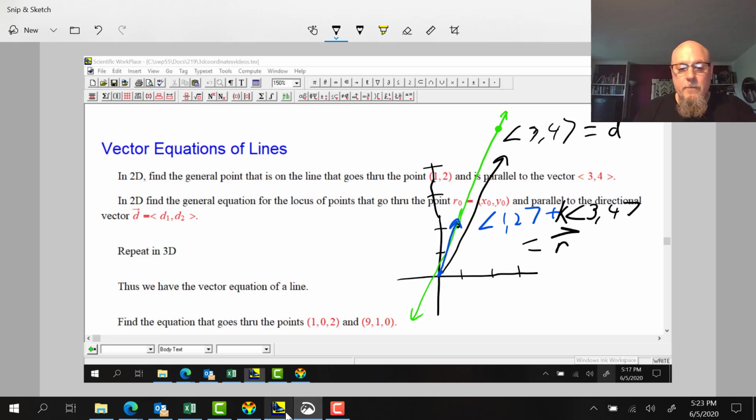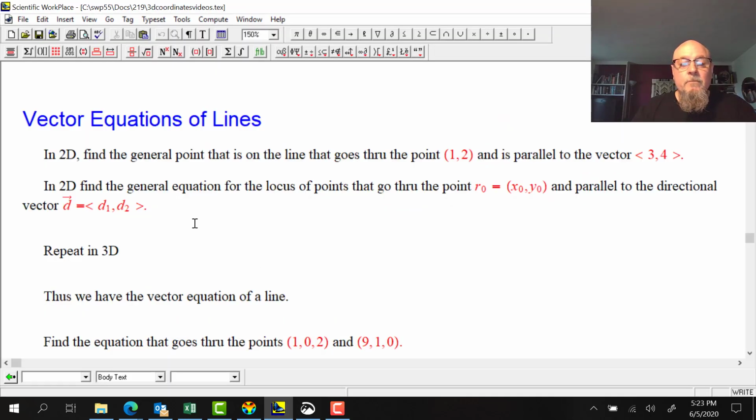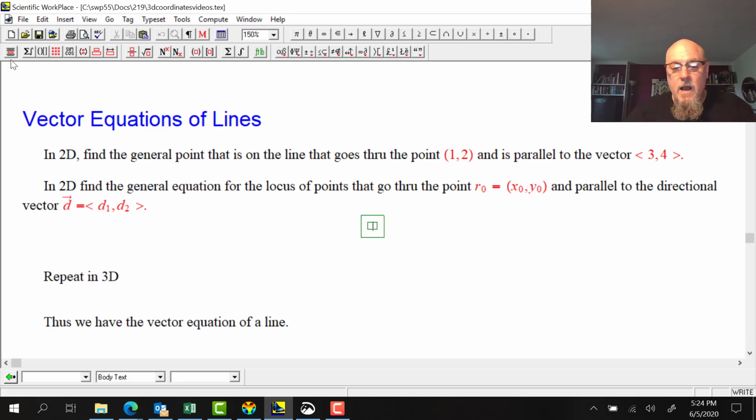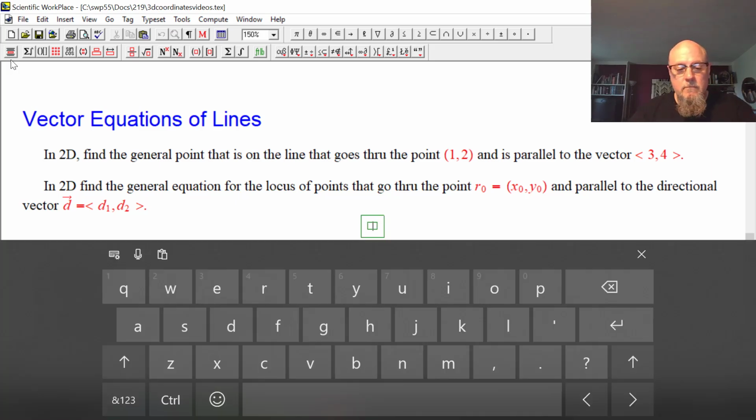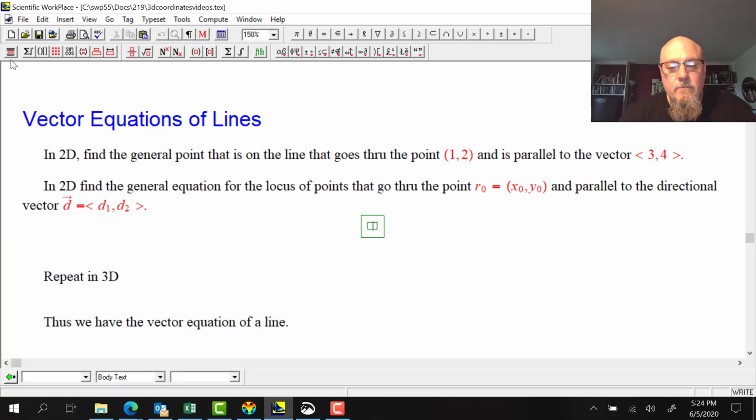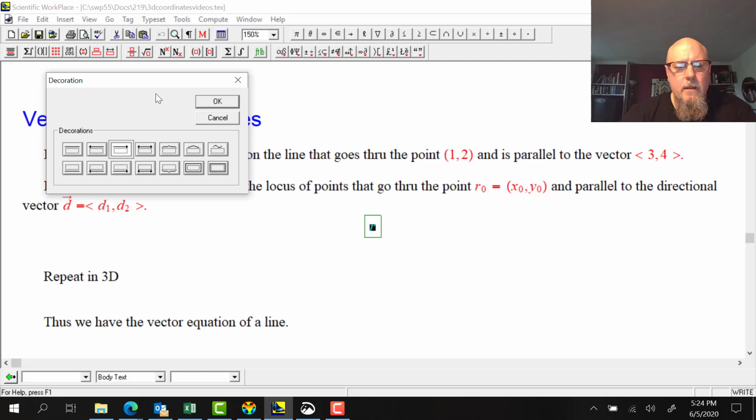So let's go back here. We have a point on the line, (x naught, y naught), and a direction vector d, that's the <3, 4>. If I want to write this, I'd say r, the vector for the line, is the vector equation of the line.